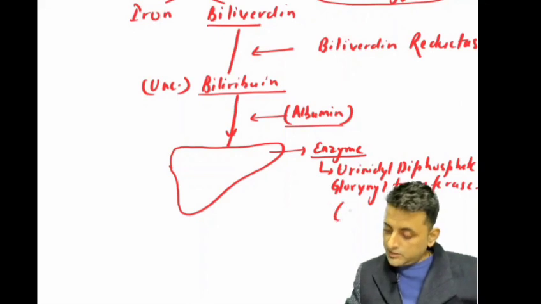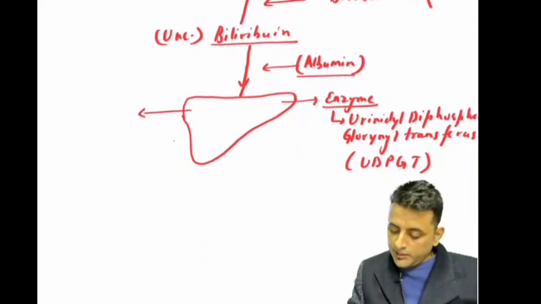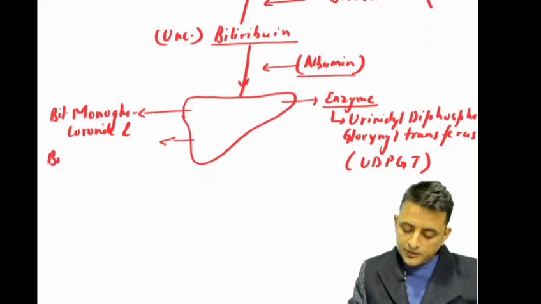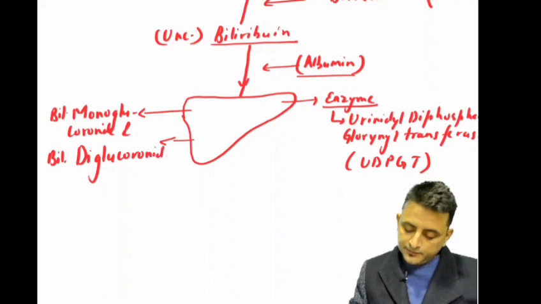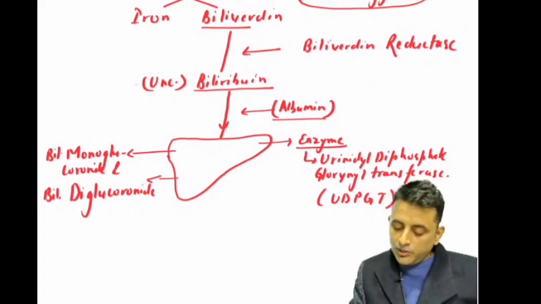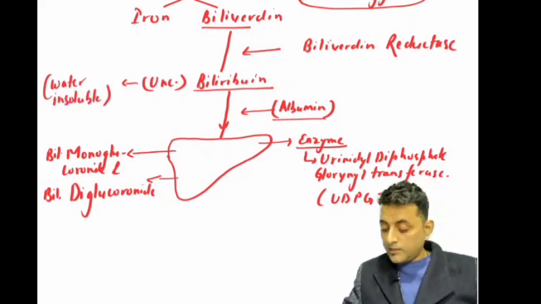It has a very short popular name, UDPGT. With the help of this enzyme, bilirubin is conjugated into bilirubin monoglucuronide and bilirubin diglucuronide. So now the bilirubin is conjugated. This unconjugated bilirubin was water insoluble. Now it is made water soluble.